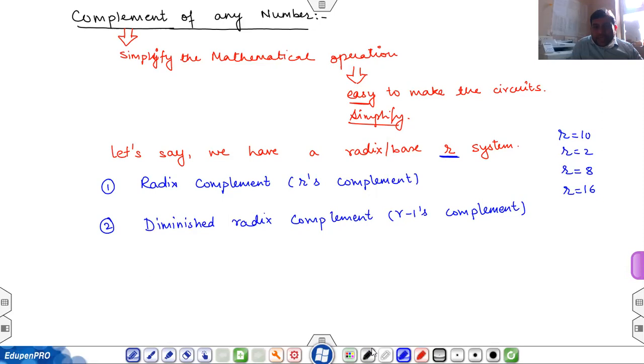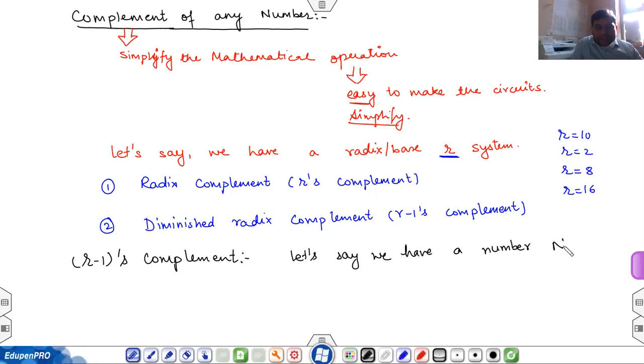So let me write here R minus 1's complement. How is it defined? Let's say we have a number N, and let's say it has a small n number of digits.